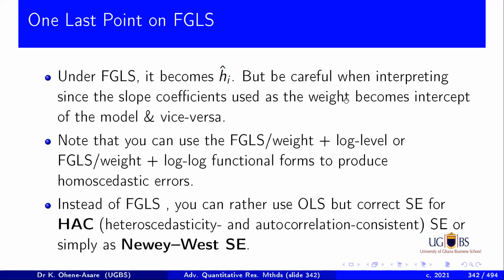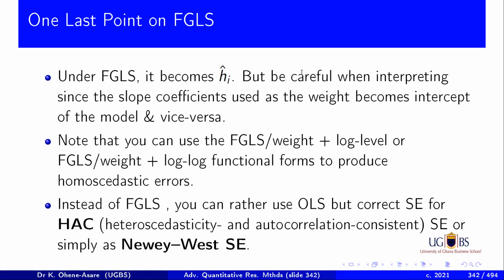Because when you look at it, they were multiplied by some values. So the weight becomes like the intercept of the model and vice versa. So when you are interpreting it, one has to be careful. We'll look at the interpretation at a later time.